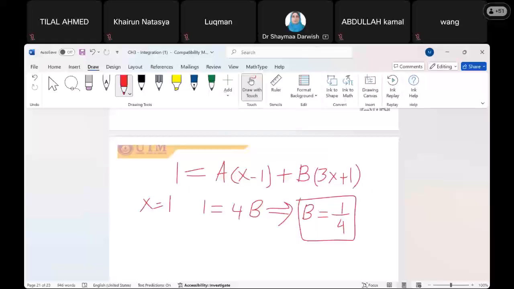What about A? We can choose x equal to minus 1 over 3.